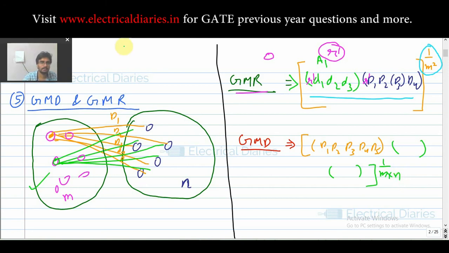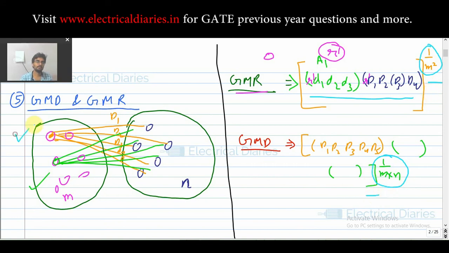So the main takeaway in this discussion is what you are doing in GMR and GMD, and where you have to calculate GMR and where you have to calculate GMD. Remember these powers: for GMR it is m square and for GMD it is m cross n.